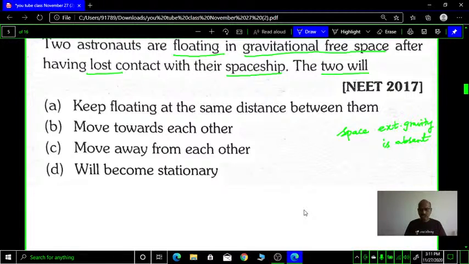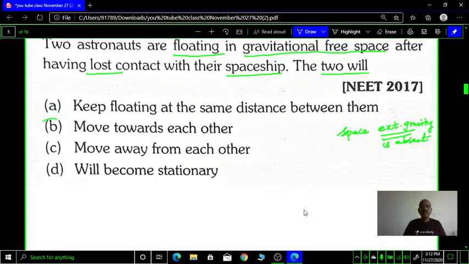The two astronauts are considered as two different bodies with different masses. So even though external gravity is absent in space, there will be a small gravitational force between the astronauts, due to which both will move towards each other with a very small acceleration.